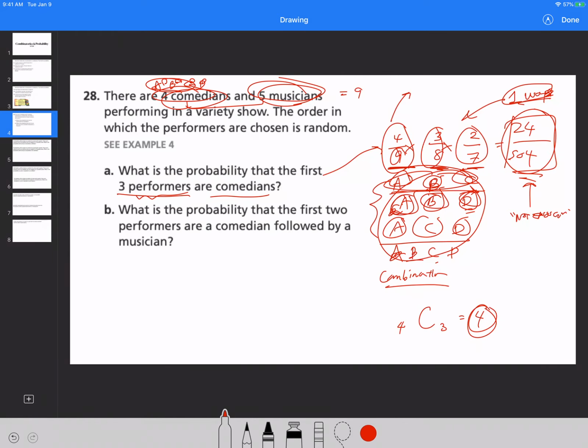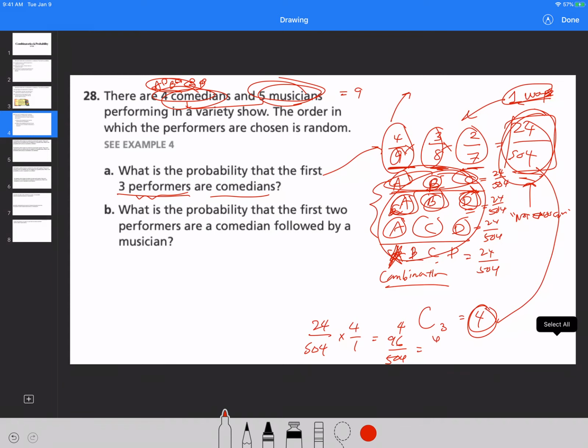The probability of each of them is 24 over 504, and every single one of them has an equal chance of happening. So I'm going to take this probability and multiply it by 4. 24 times 4 is 96. So 24 over 504 times 4 over 1 gives you 96 over 504. If you reduce that, it gives you 4 over 21.